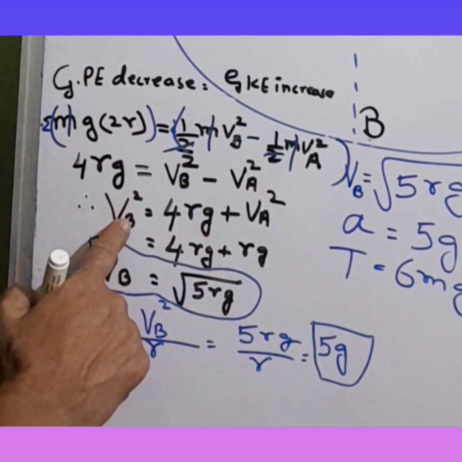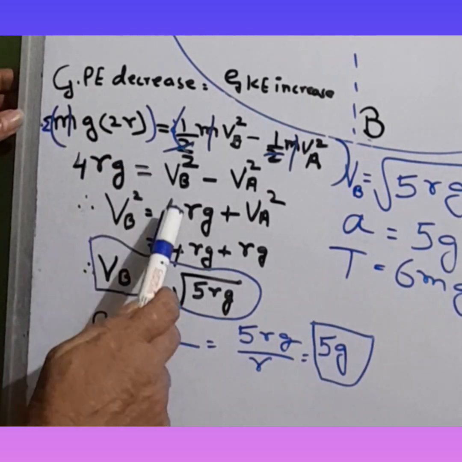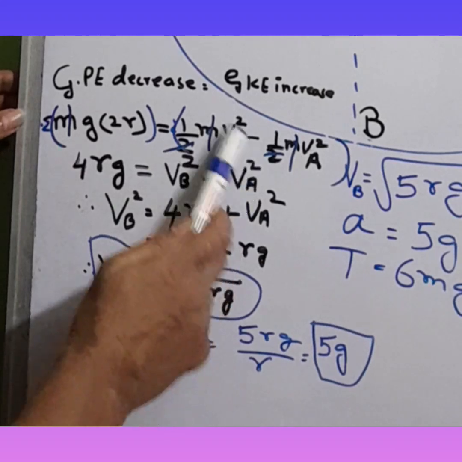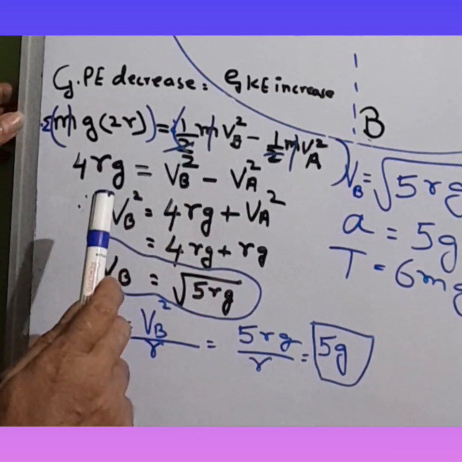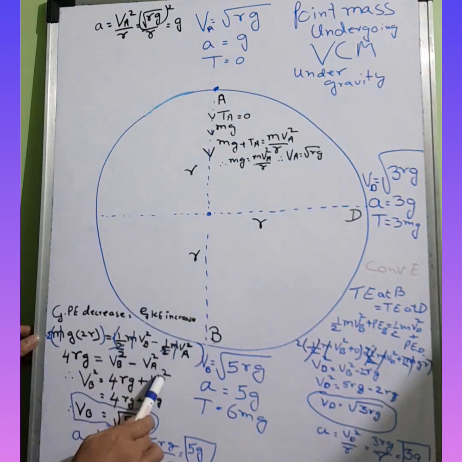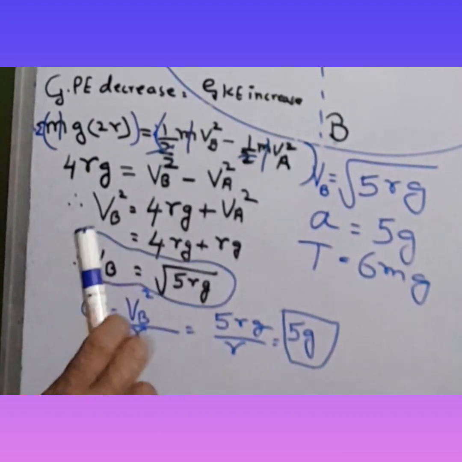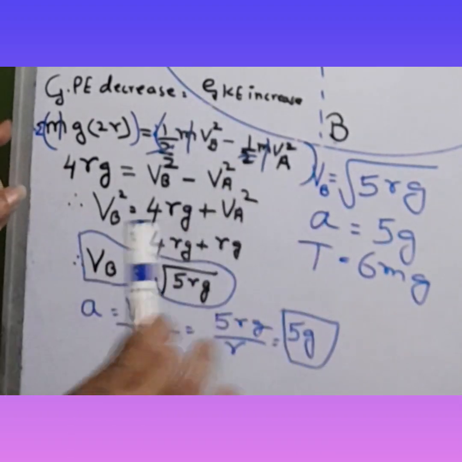So vb square is equal to 4rg plus va square, since I took va square to this side. We already found va to be root rg. So we substitute here, the root disappears, and rg is added to it. So vb is equal to root 5 rg.